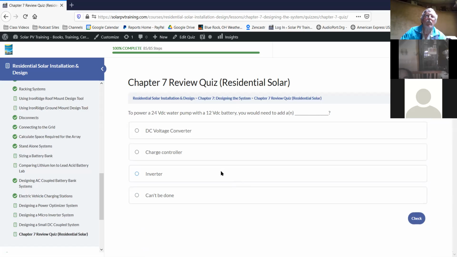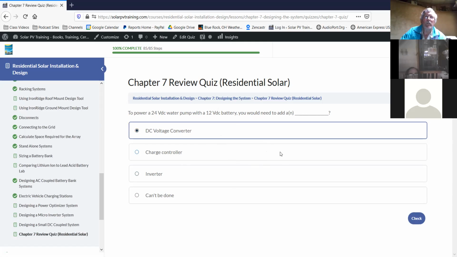To power a 24 volt DC water pump with a 12 volt battery, a better solution than this would be to get 2 batteries and hook them up in series. You'd then have a 24 volt system, but that wasn't your option. So what you're going to need is a DC to DC voltage converter to convert your 12 volt DC battery to a 24 volt system.